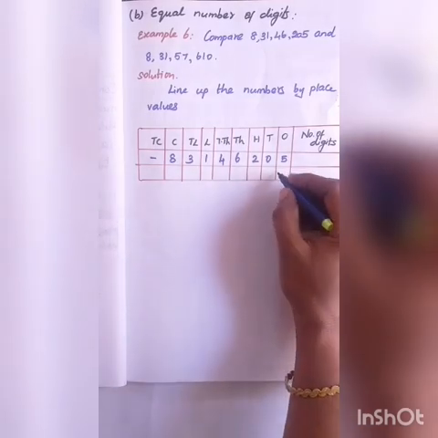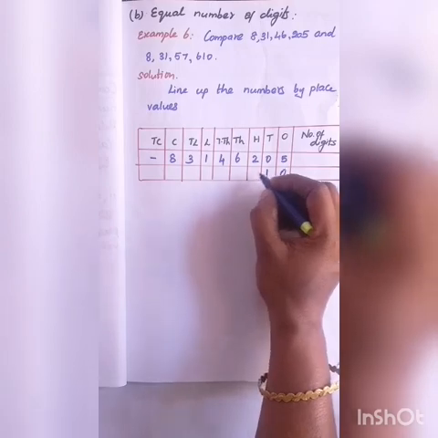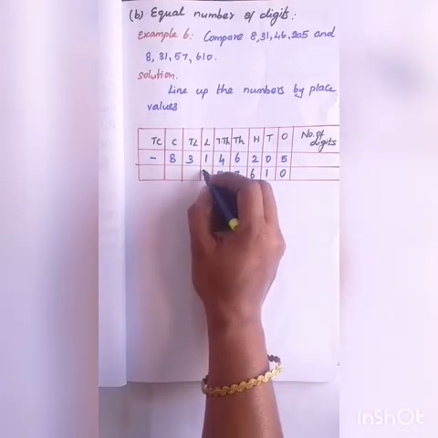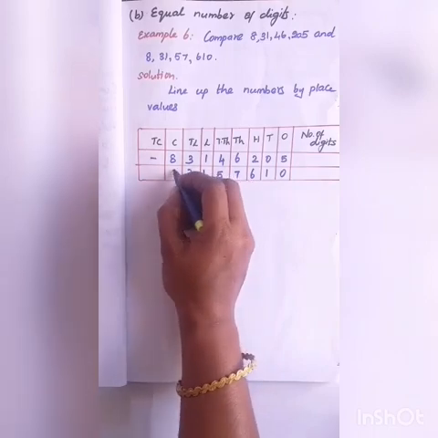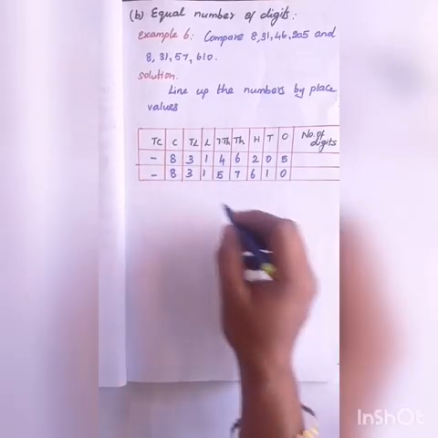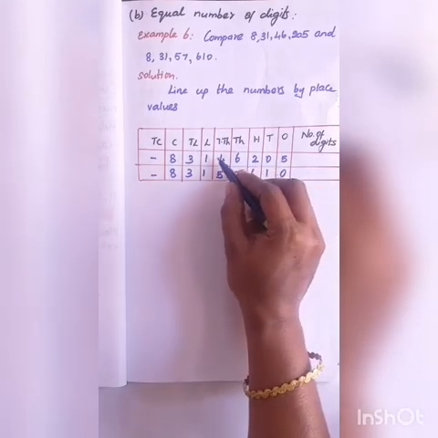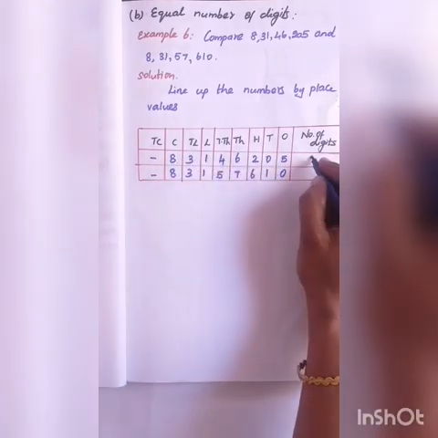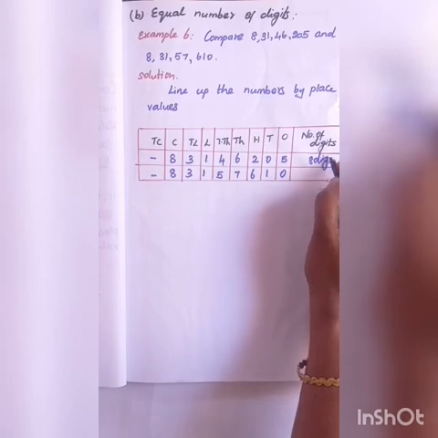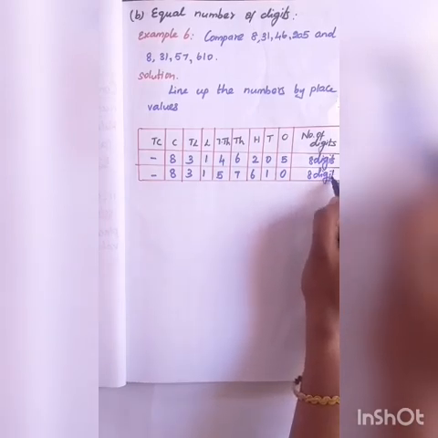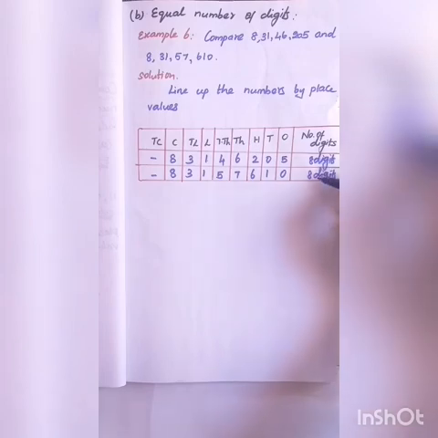Second number, 0 1 6 7 5 1 3 8. Here also there are only 8 digits, so both these numbers have the same number of digits.